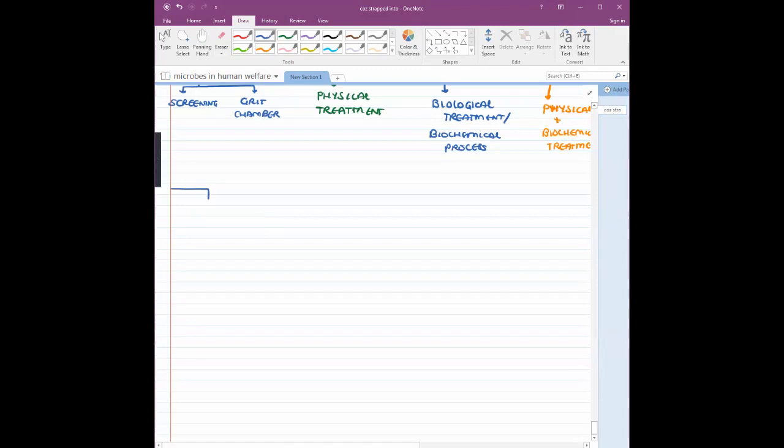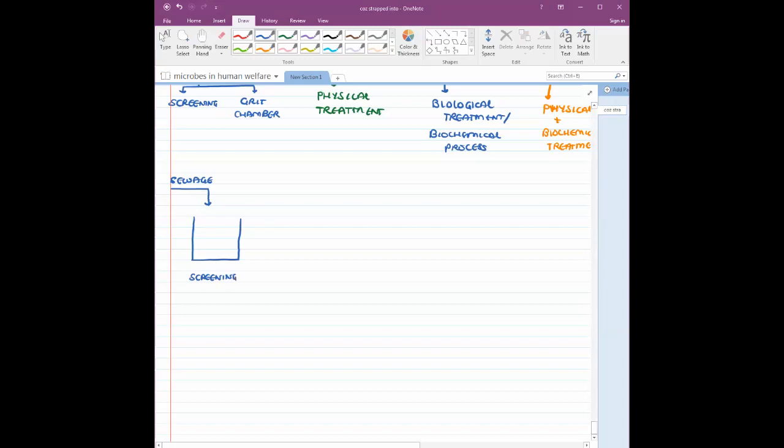This sewage water is first going to go into the first tank. Let's imagine this is one small tank over here. Now, what is this tank, guys? This is nothing but your screening process.